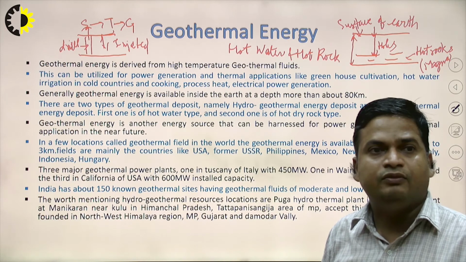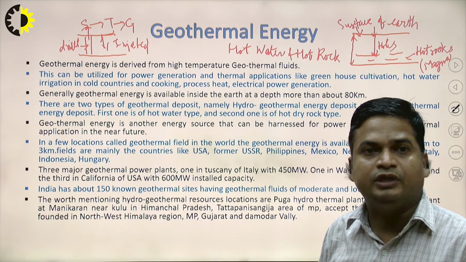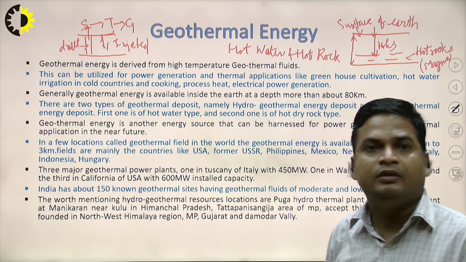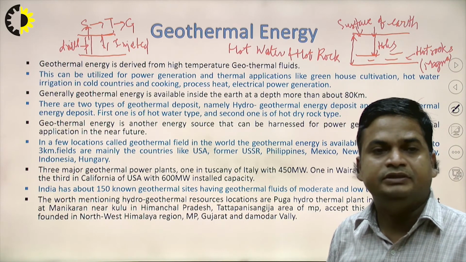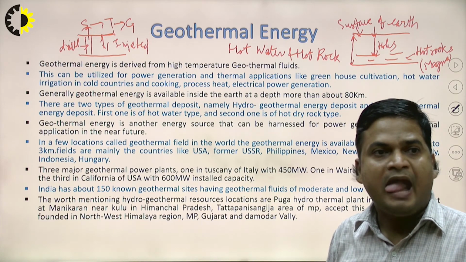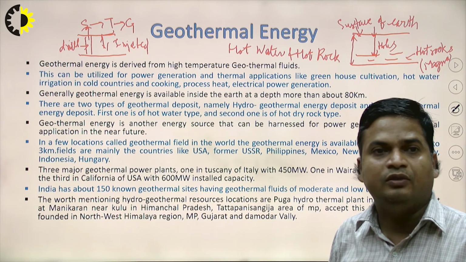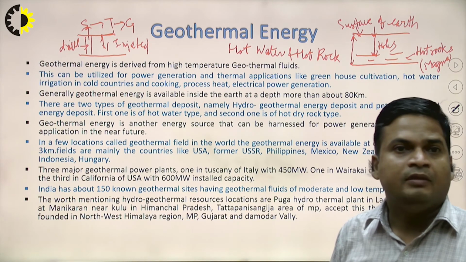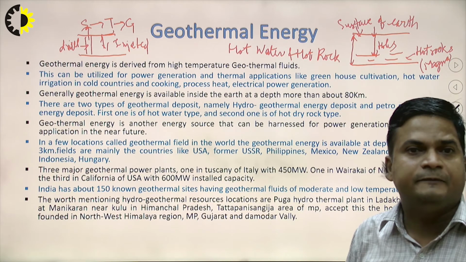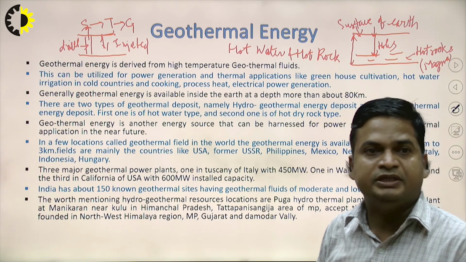India has about 150 known geothermal sites having geothermal fluids of moderate and low temperature. The worth-mentioning hydrogeothermal resource locations are the Puga hydrothermal plant in Ladakh, and a 5 kilowatt plant at Manikaran near Kullu in Himachal Pradesh.